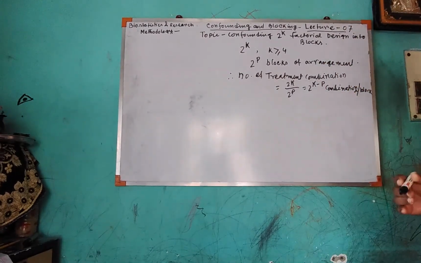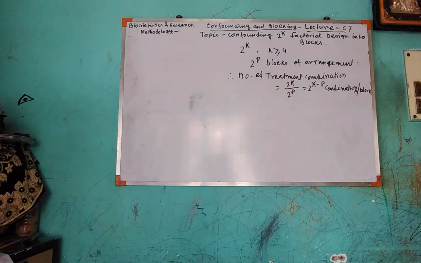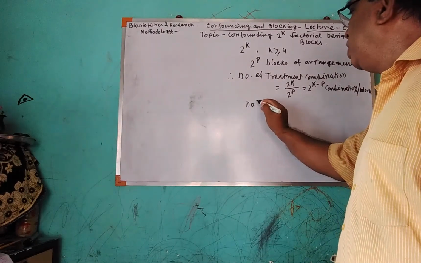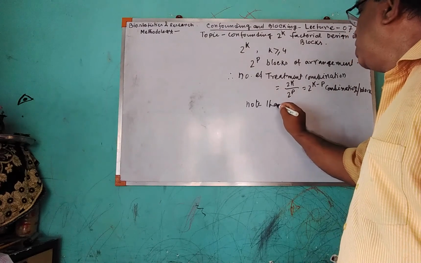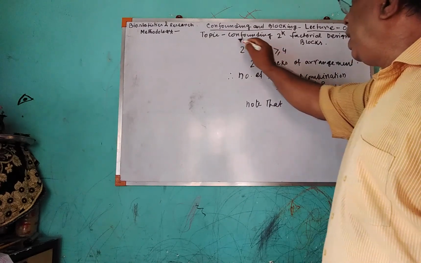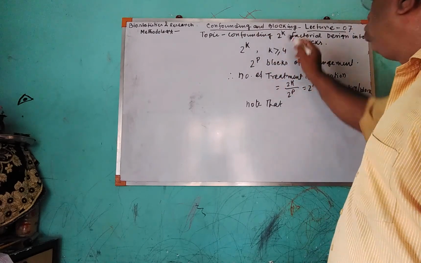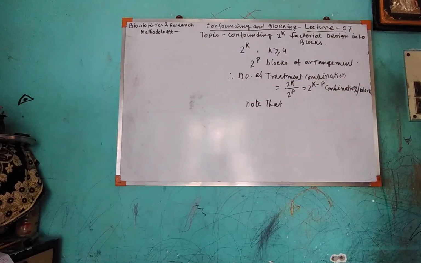Okay. So now let's see an example. Now you see, for different values of p, note that this is very important. Here I have written confounding 2 to the power k factorial design into blocks.